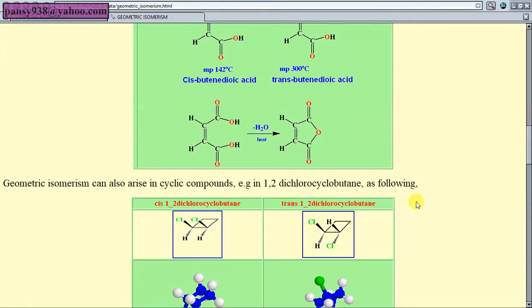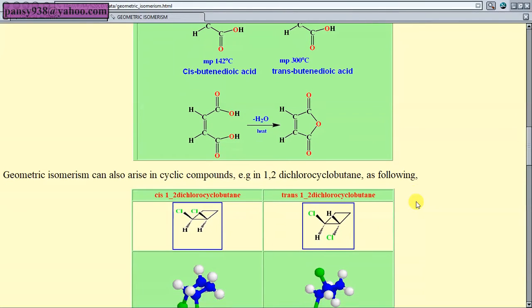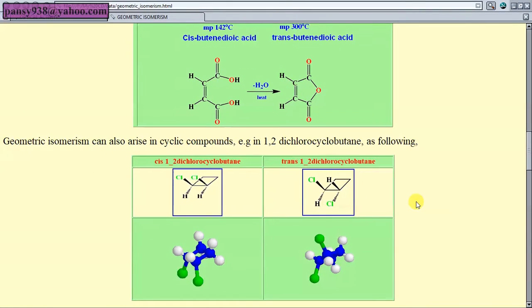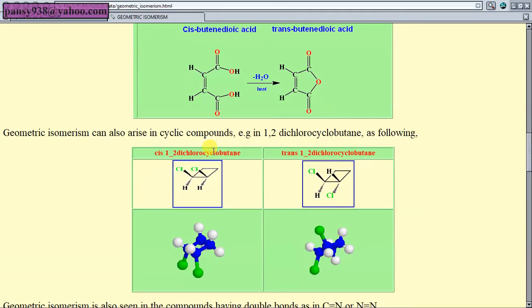Geometric isomerism can also arise in cyclic compounds where no double bond is present. For example, in the case of cis-1,2-dichlorocyclobutane and trans-1,2-dichlorocyclobutane. You see that this is cyclobutane and has two chlorine atoms at adjacent atoms.